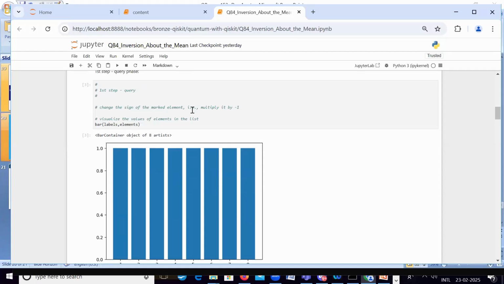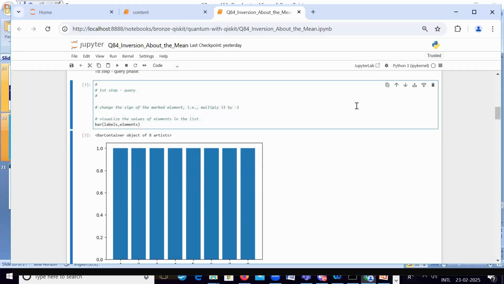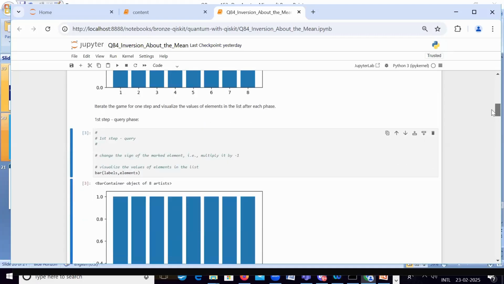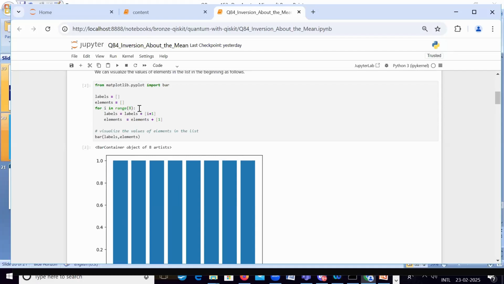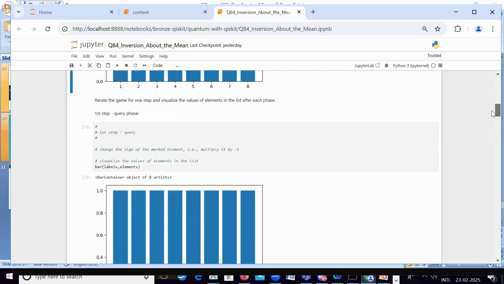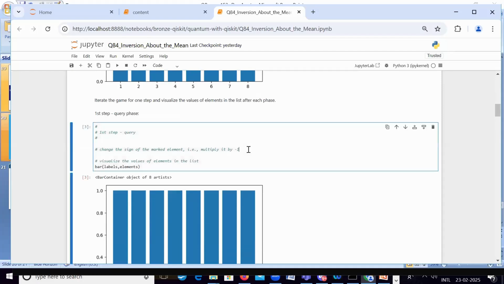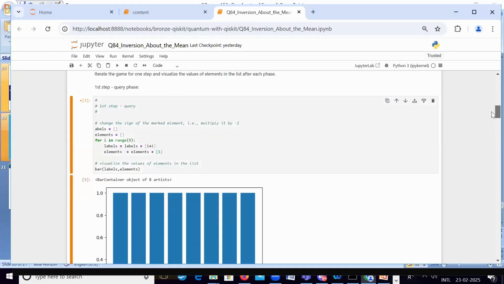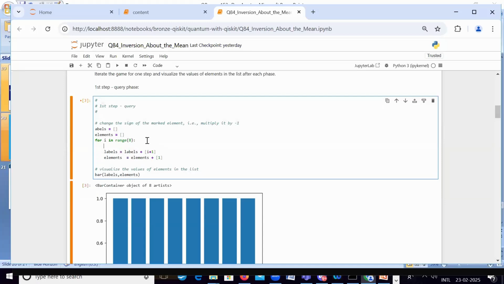Change the sign of the marked element, that is, multiply it by -1. If the fourth element is marked, it can be changed by multiplying by -1. So by copying this, we consider that the fourth element has to be marked. The fourth element corresponds to i equal to 3.